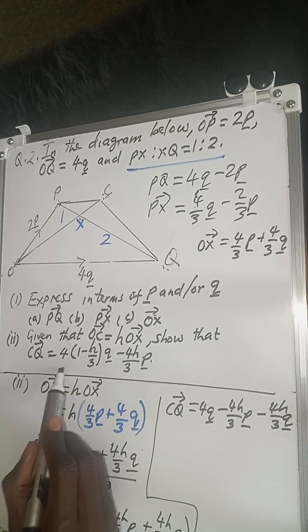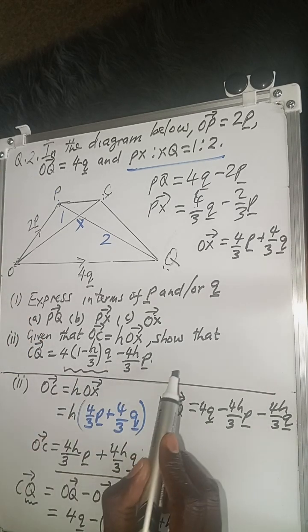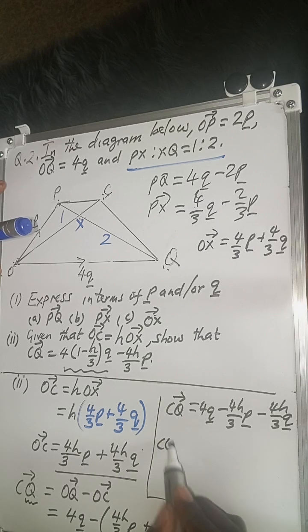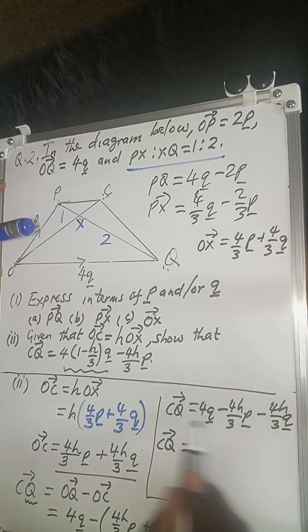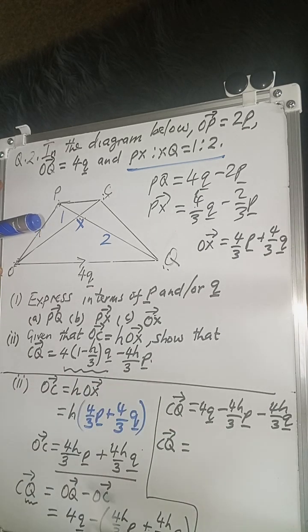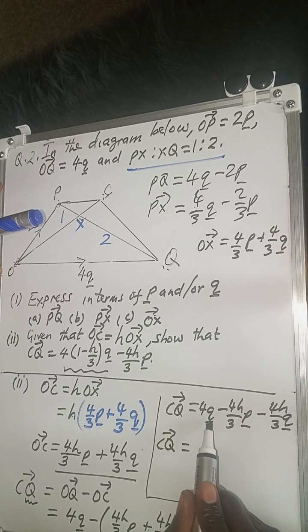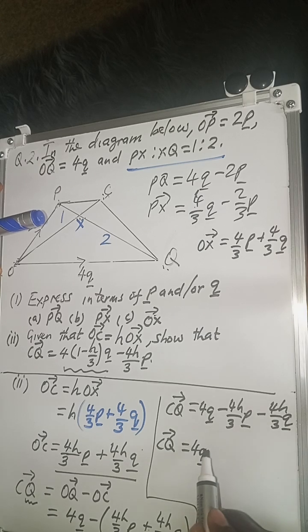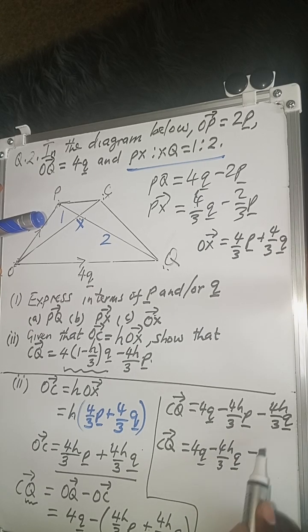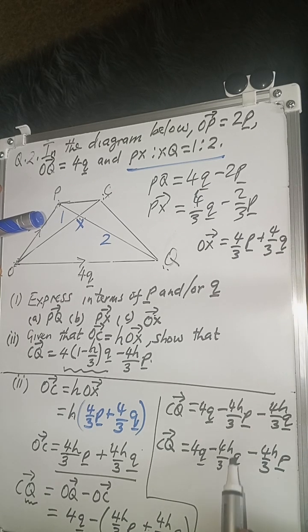Now remember they have started with a Q and ended with a P, so I'll start with a Q. You just rearrange them properly according to what you are seeing there. So I'll start with a Q, so it will be 4Q, and I'll bring that one minus 4H over 3 vector Q minus 4H over 3 vector P. So here, if you notice the Q's, you can see what is common.